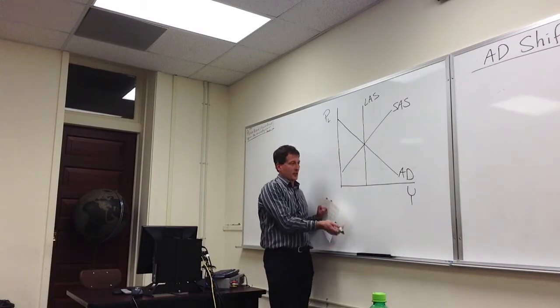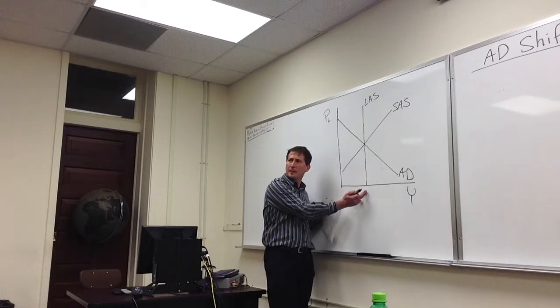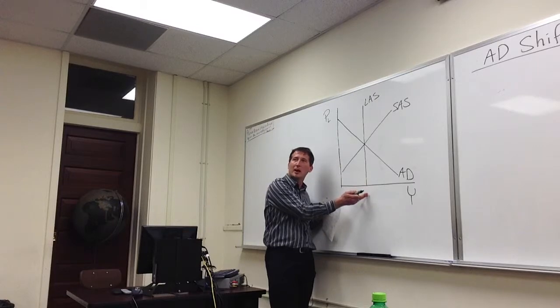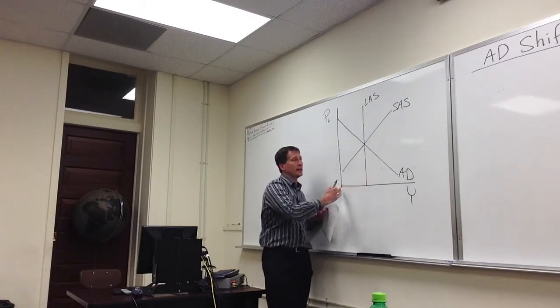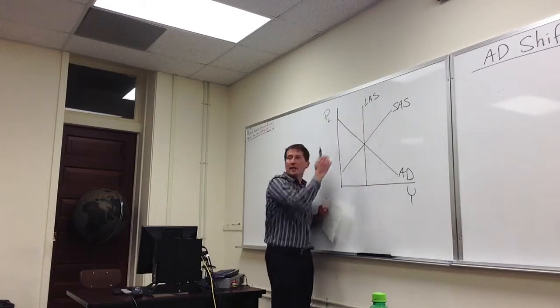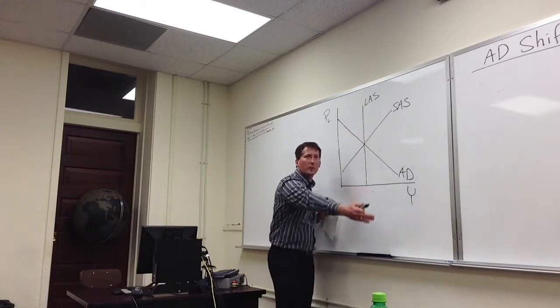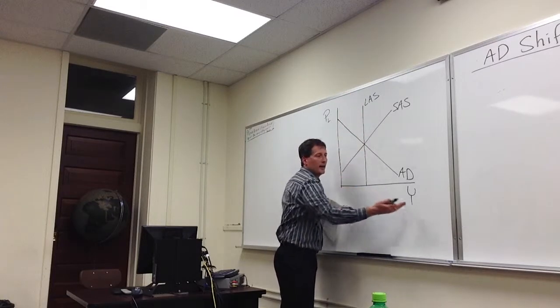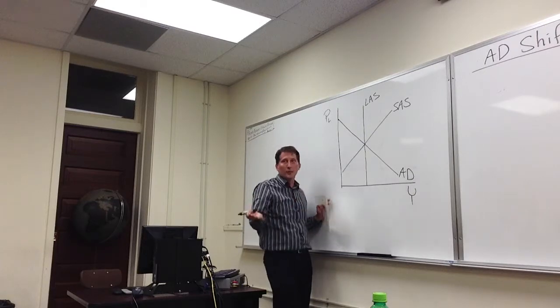A couple key things to this graph that we talked about last time. What's this? The potential. So this was the potential amount of output. So thinking back to the production possibilities, what does the L stand for? Long run. So in the long run, what would the supply of goods and services look like? And we're saying, hey, over the long haul, we can only do so much.